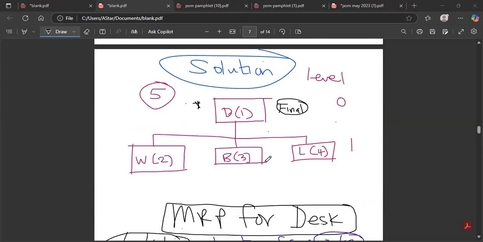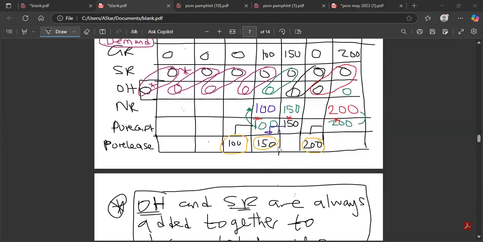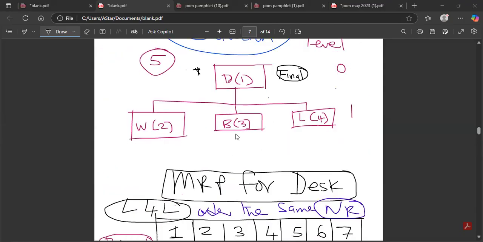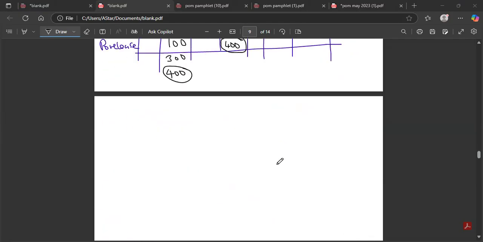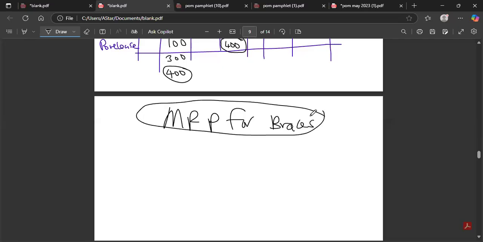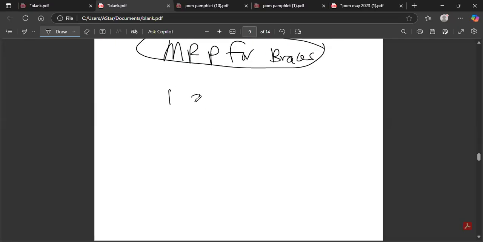So you go for MRP for the braces. The braces are coming from the desk by 3. The releases of the desk, these ones here, you multiply them by 3 and they should go to the braces. Are we together? MRP for braces. 1, 2, 3, 4, 5, 6, 7.